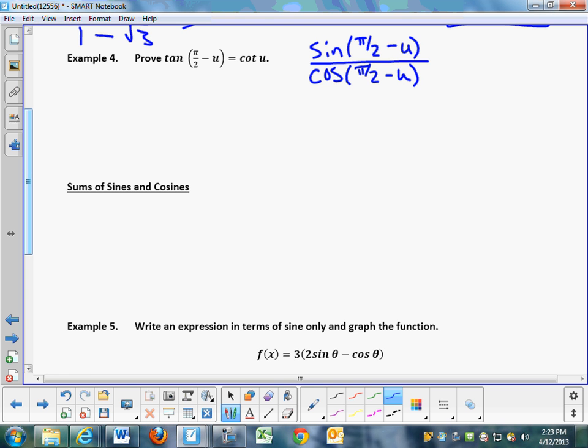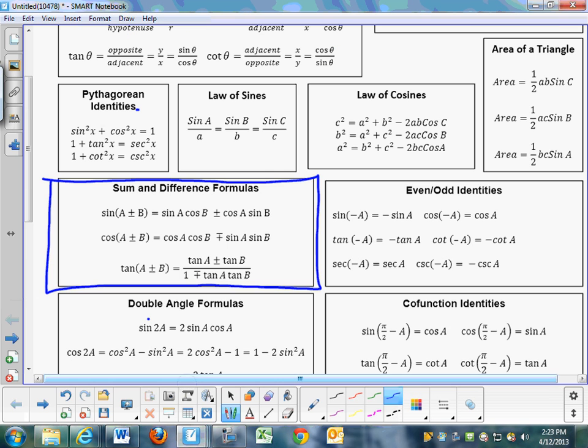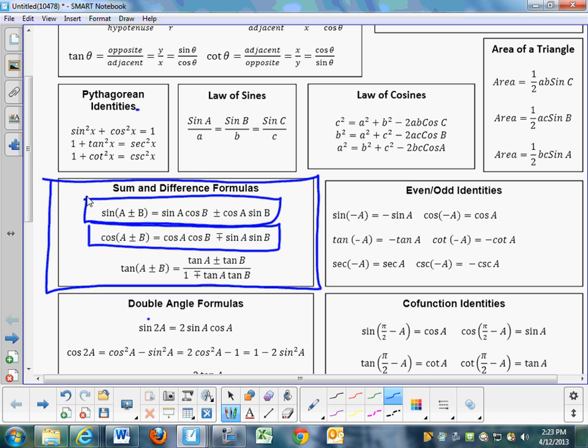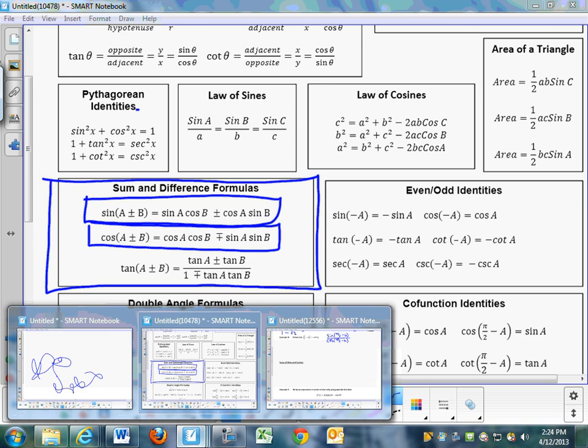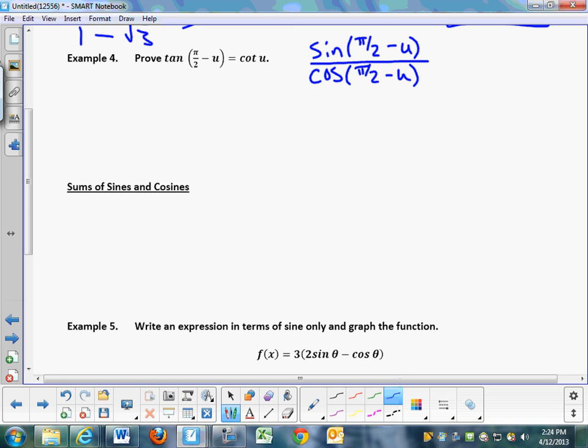Use your sum and difference formulas for sine and cosine. I can rewrite sine of pi over 2 minus u and cosine of pi over 2 minus u by using these guys right here. All right.